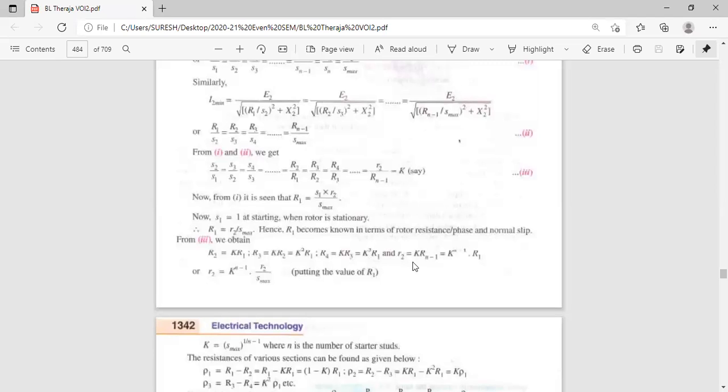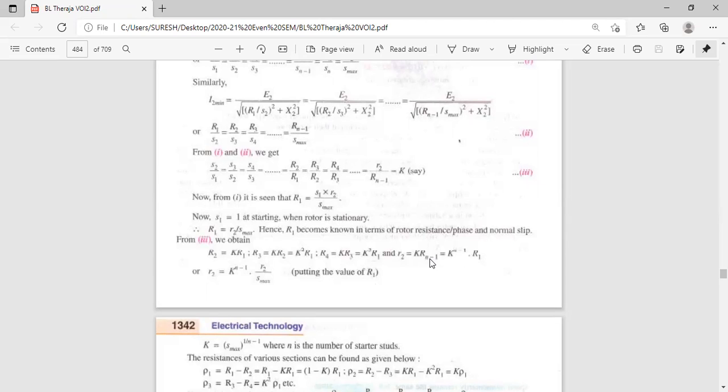Last step, I am taking the nth step. If you take the nth step, what is the value of K?